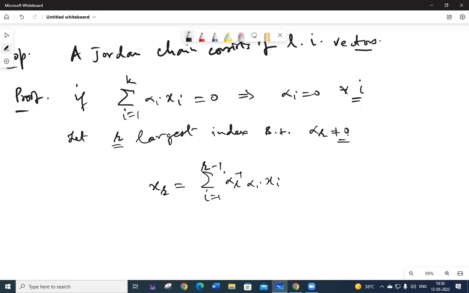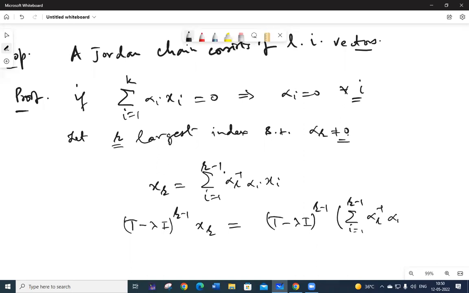Now, utilizing the things we have just shown above, apply T minus lambda I raised to the power R minus 1 on xR. What are you getting?